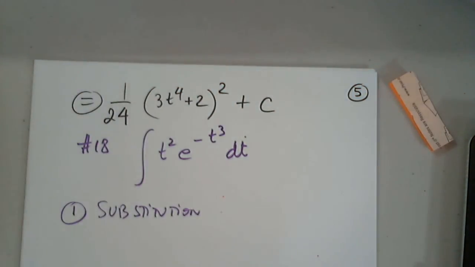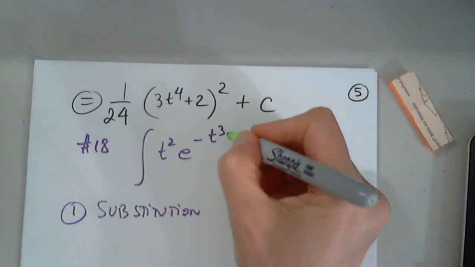That makes it difficult. T squared is decent. I cannot do anything to it. But what is the problem here with this function? What do you think? The function that is inside e is the problem.